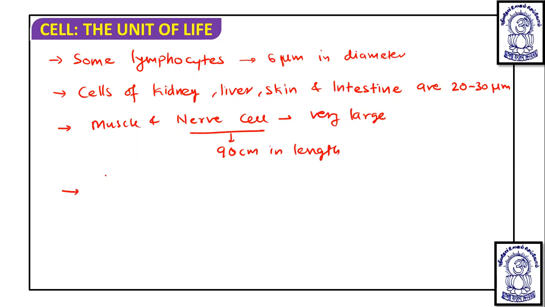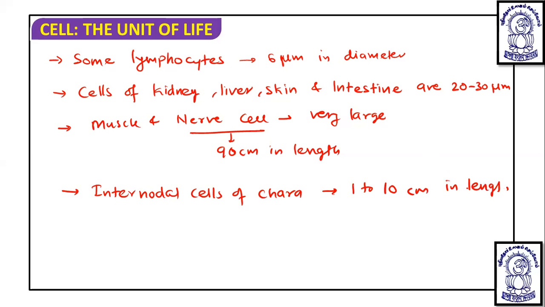If we talk about plants, the large cells occur in many algae. The internodal cells of Chara are 1 to 10 centimeter in length. And we have discussed that Acetabularia is a unicellular alga which is up to 10 centimeter in length.